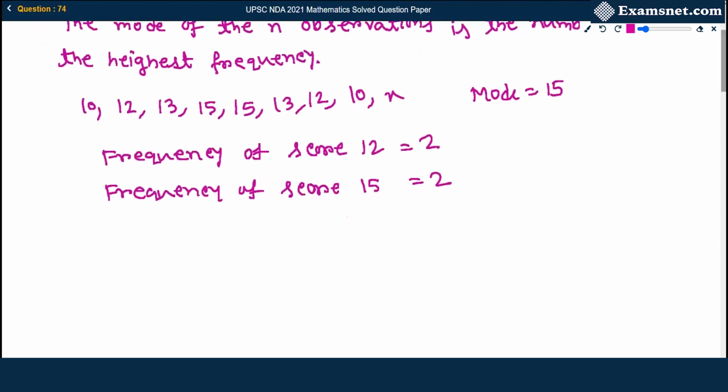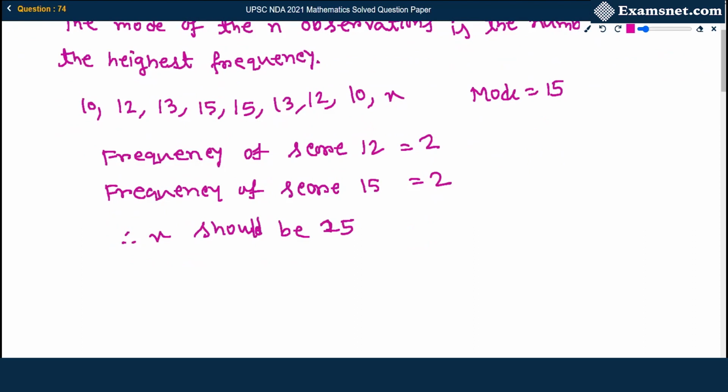So X should be 15 also. Then the frequency of the score 15 will be 3 in that case, and it will be the highest frequency, right? So X should be 15.